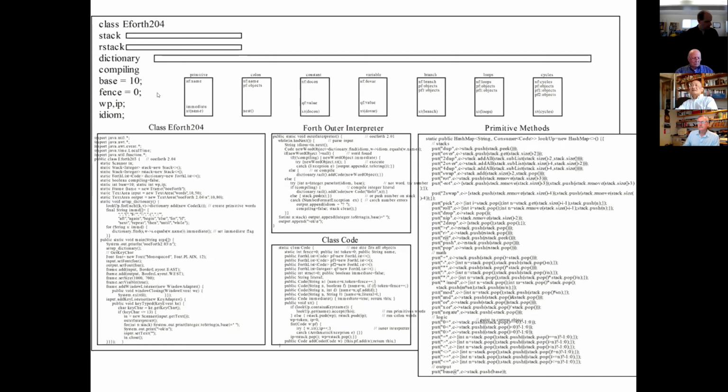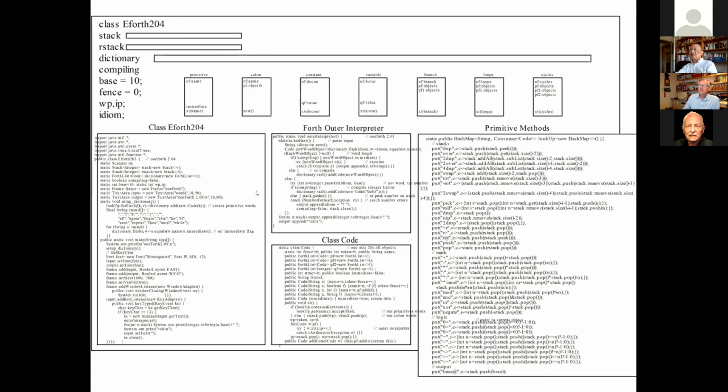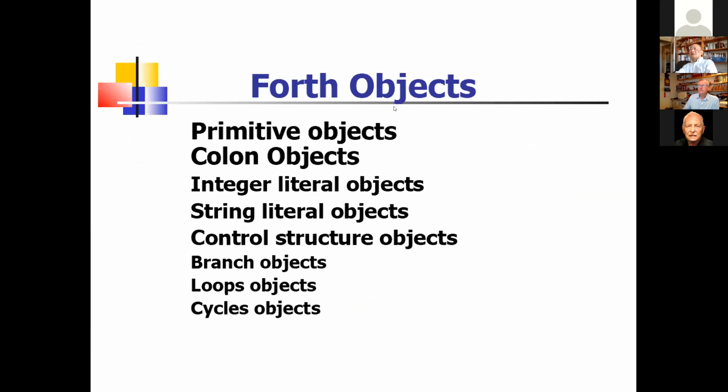So this is the entire program, okay, which is implemented as a class. And then it has several classes which do various different things. And so I show you there are different types of Forth objects.